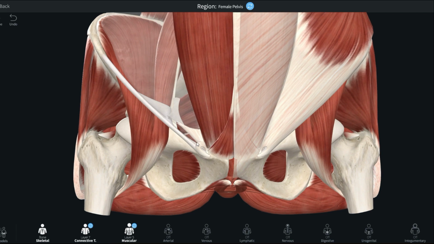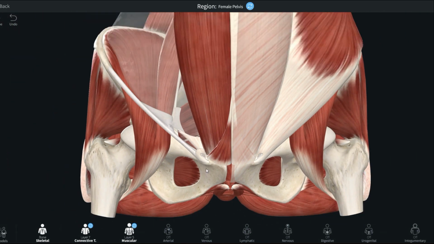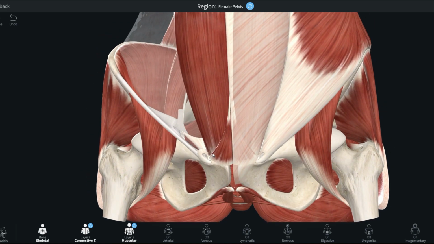What does remain is the spermatic cord in males and the round ligament of uterus in females, right? The round ligament of uterus is something that we'll study when we talk about uterus. But as far as the spermatic cord is concerned, what is the spermatic cord?